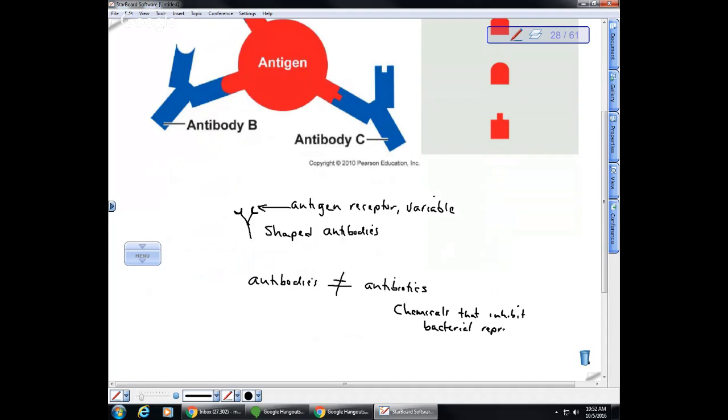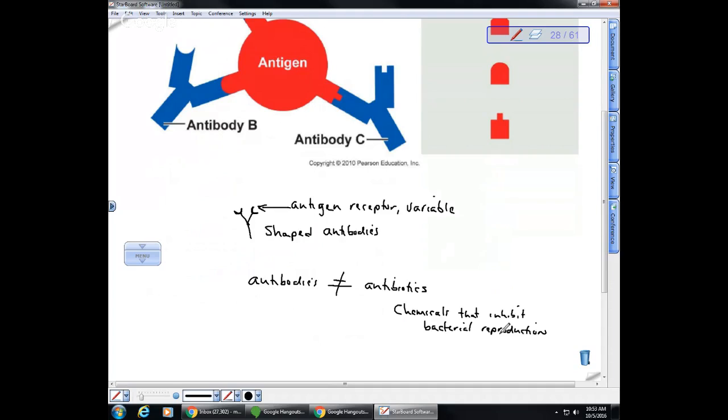And a lot of the time, they're taken from other bacteria because bacteria compete with one another to reproduce, right? In the case of penicillin, it's actually taken from a fungus, a yeast that grows on bread. Yeast and fungus compete with bacteria for food, and so oftentimes they'll produce chemicals that inhibit the production of bacteria. And then we can use those chemicals as antibiotics, right?